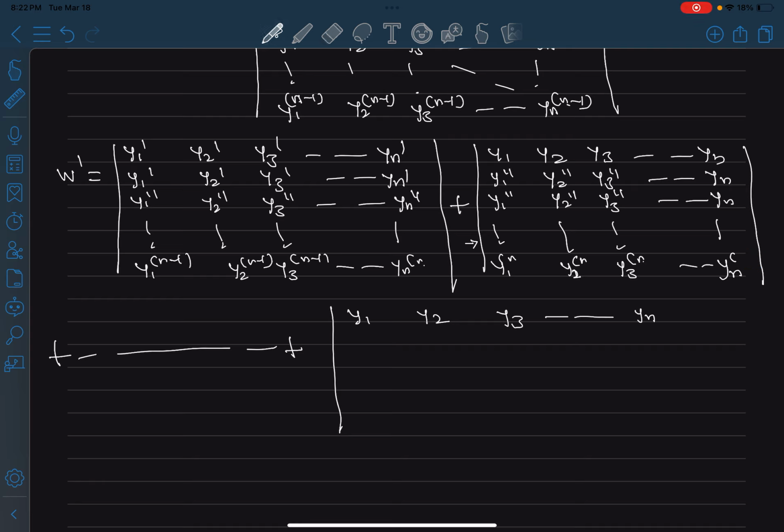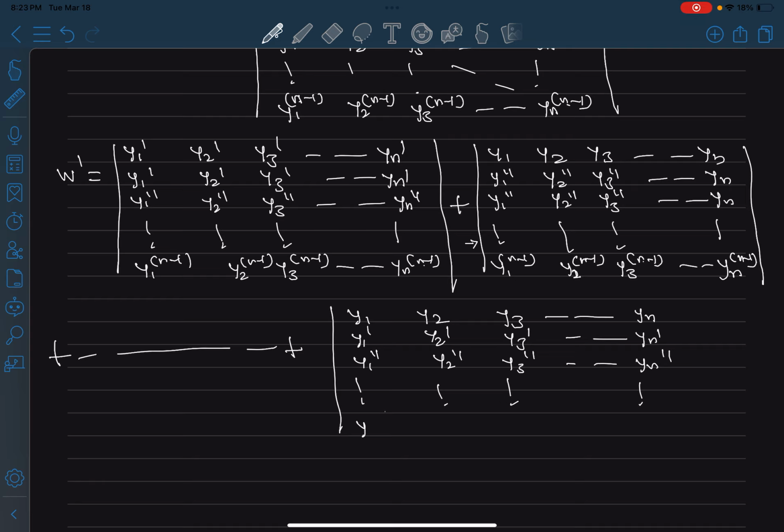Okay, now I have already told you that up to the derivative of the second last row, that's going to go to 0. So only the case where we take the derivative of the last row will not vanish, right? And that's what I'm going to write.